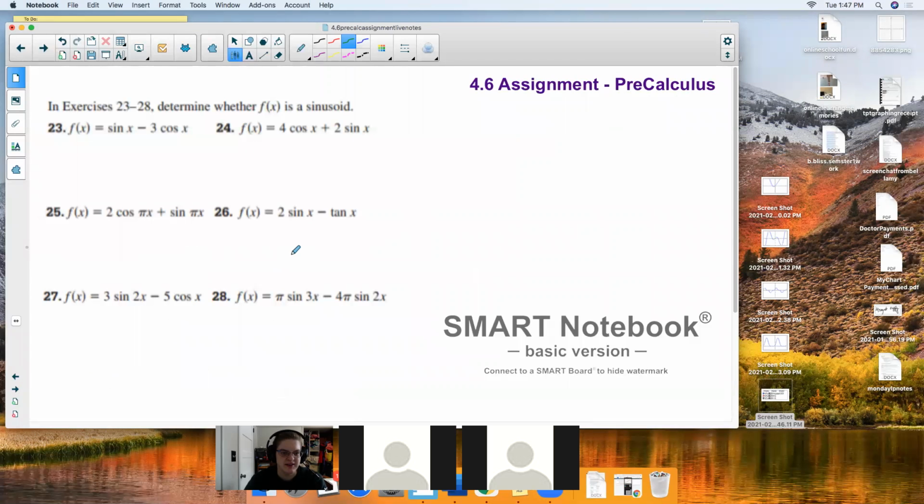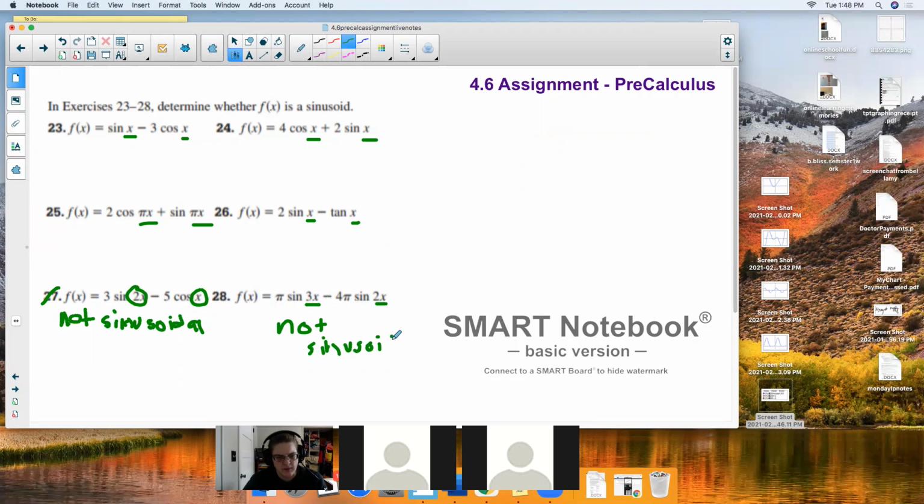So if we take a look at this, all we're looking for is if those inner parts are the same. So this one has an x, inner part same. Inner part is same there, same there, same there. Different, 2x and x, so this one is not sinusoidal. And then the last one has 3x and 2x, so it's also not sinusoidal.